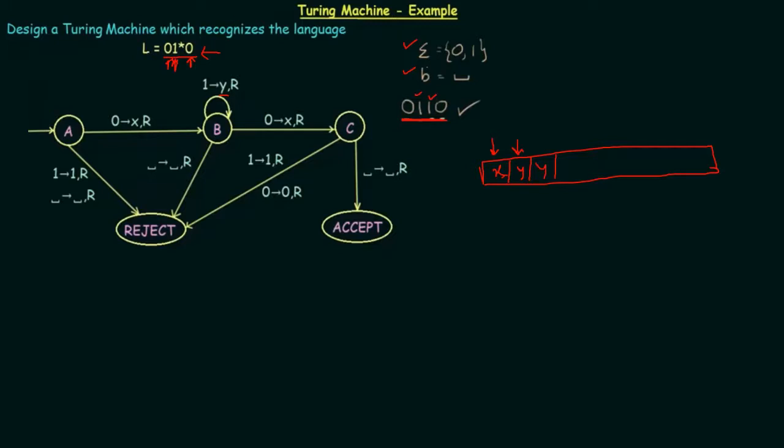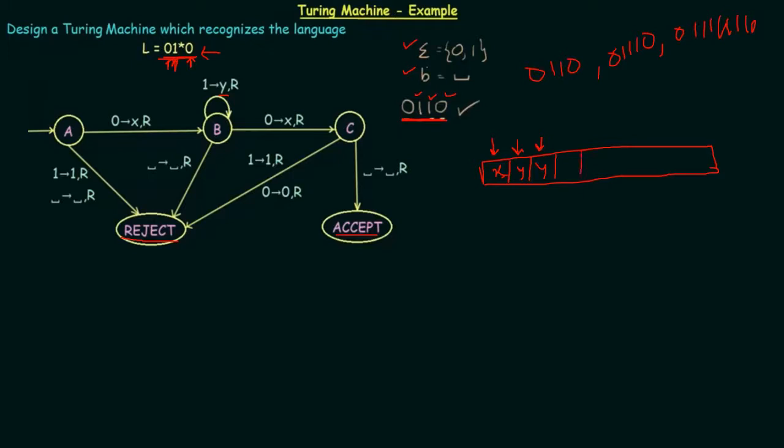Now if you look closely, this particular thing is going to work on 0110, 01110, 0. You can put any number of 1s and it is going to produce a self loop over and over again. So it is never going to the rejected state from here. It will only go to the accepted state. Let me carry on with this. Next we'll put 0 on this particular state and we're going to go to the C state.